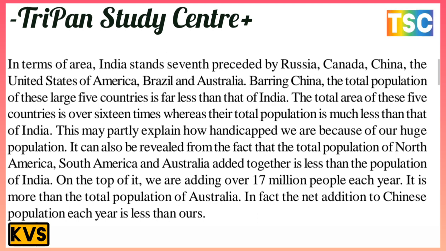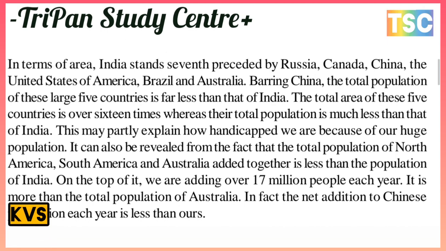Barring China, the total population of the five large countries is less than that of India, though their total area is over 16 times ours. Thus, many of our handicaps are partly explained by our huge population.